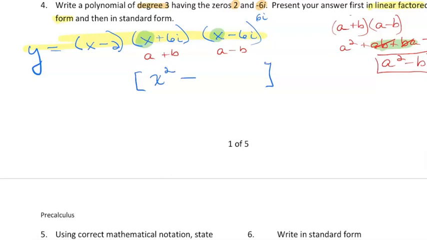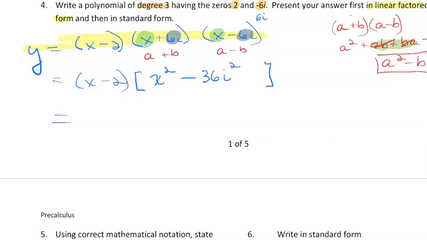And then if this is my B piece right here, it's going to be minus 6 times 6 is 36i squared. Don't forget to square your number. And then all of that is still multiplied by x minus 2, so don't lose that. Okay, so I've got those guys going. Okay, we're going to clean up the expression in the bracket.